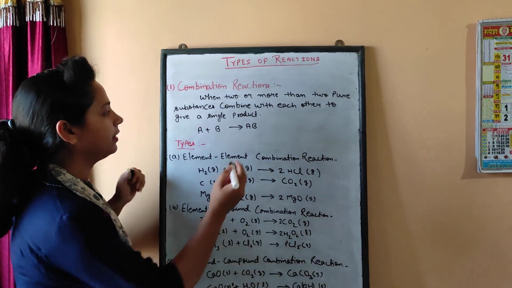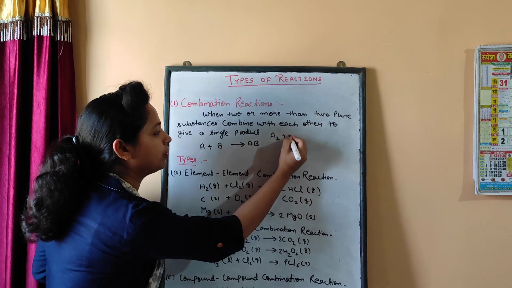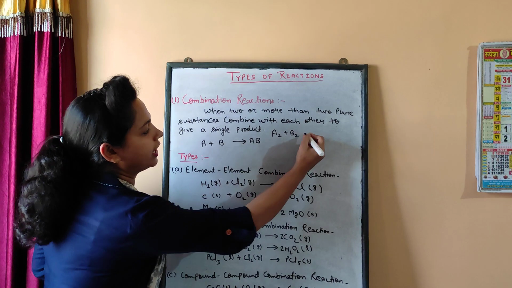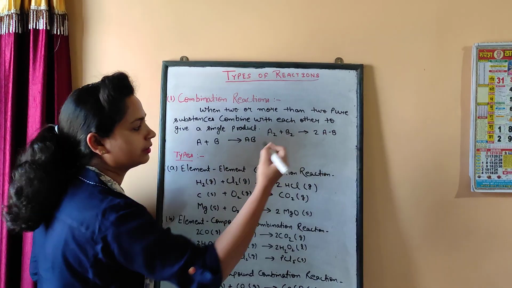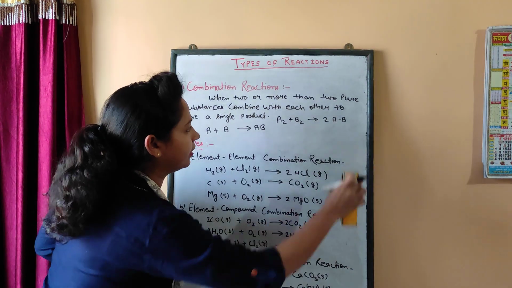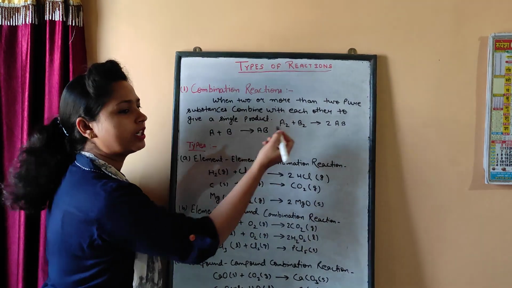As for example, if we take A2 as reactant and B2 as second reactant, we'll have the product 2AB, right? Or we can write it like this, 2AB. So what happens here?